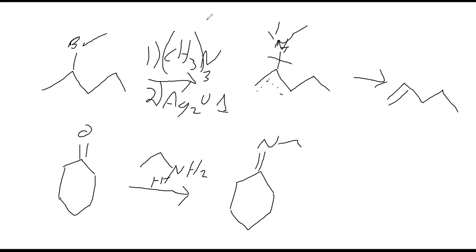So you form an imine. And you lose water as a byproduct. So that's the last reaction for 39. So those are just a few handy reminder reactions that we've seen.